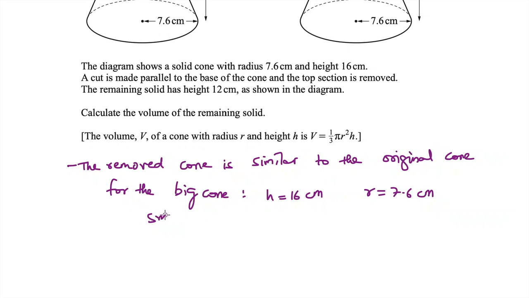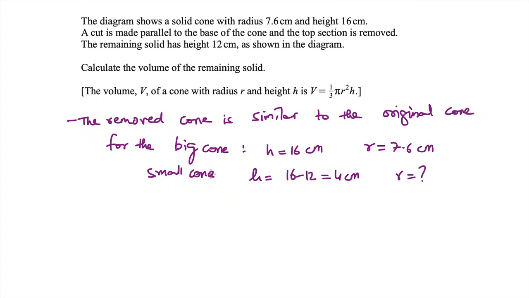For the small cone, we know that the height is equal to 16 minus 12, which is equal to 4 centimeters. R is equal to how much? So therefore, r by 7.6 is equal to 4 by 16. That implies r is equal to 4 by 16 into 7.6, which is equal to 1.9 centimeter.